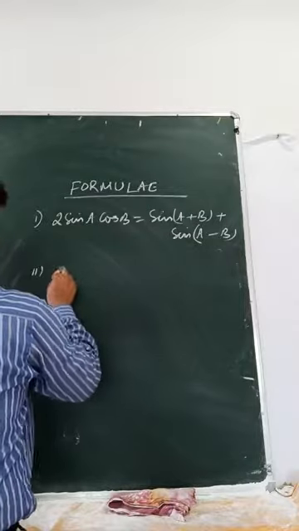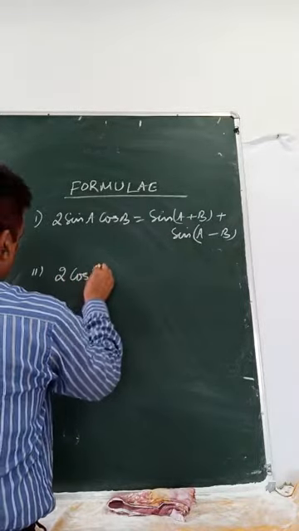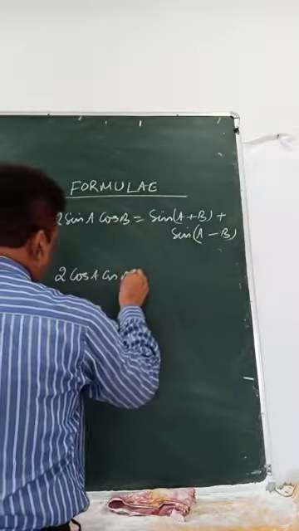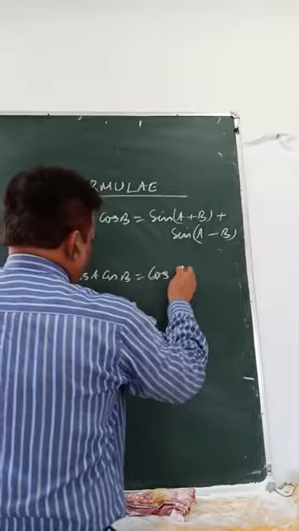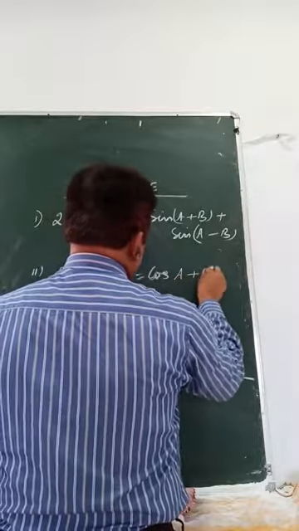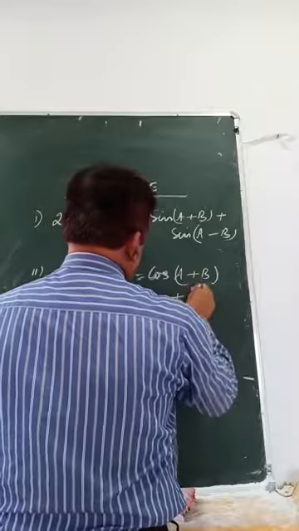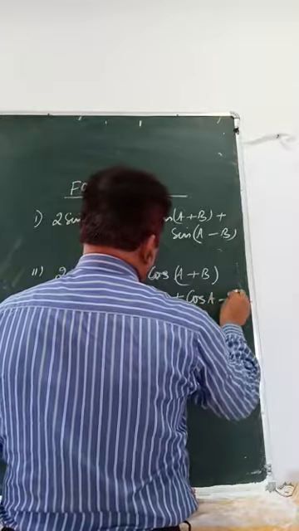Second, 2 cos A cos B equals cos(A plus B) plus cos(A minus B).